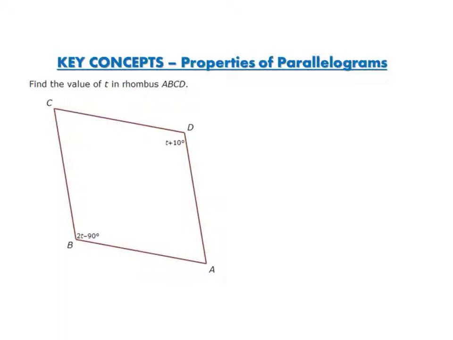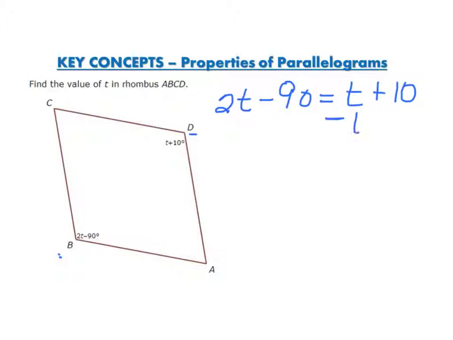So this problem is asking to find the value of t in this rhombus ABCD. Now, measurement of angle B and angle D, they are the same because they are opposite angles, so I'm going to set them equal to each other. So I'm going to have 2t minus 90 equals t plus 10.